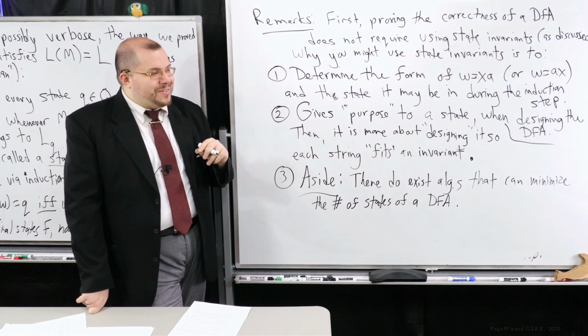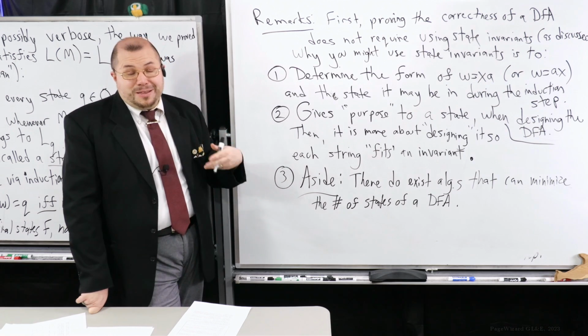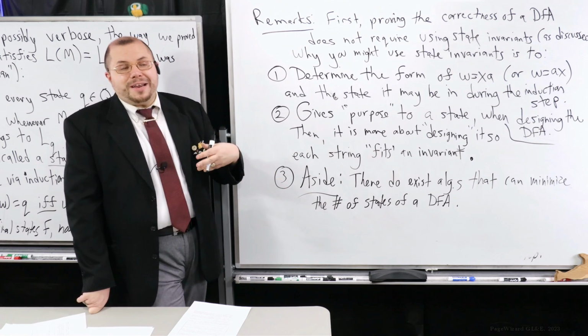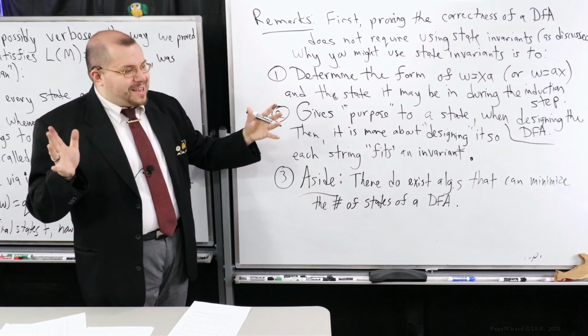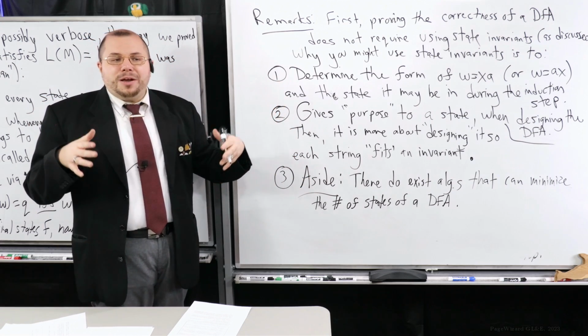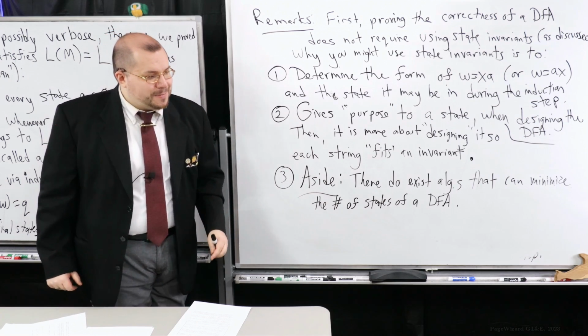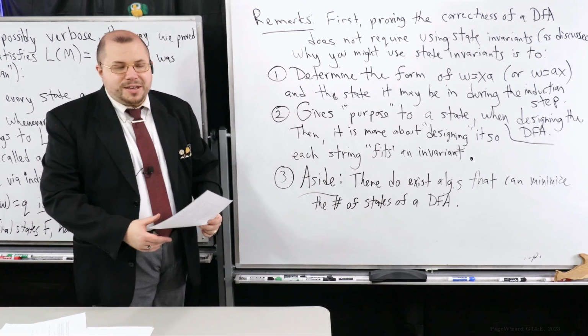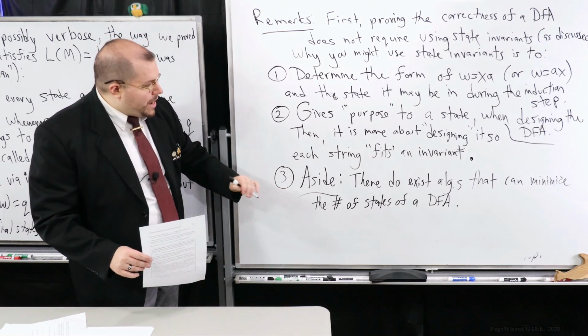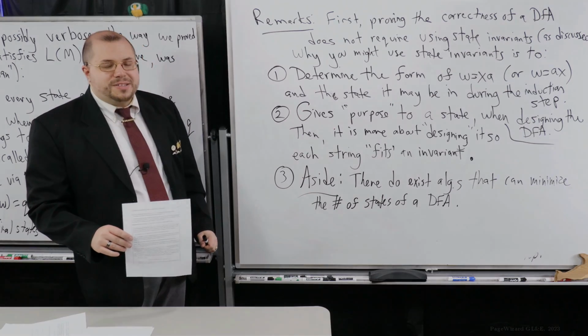That in itself may not be the best place to start, but minimizing the number of states to simplify the size of the DFA may be a goal after coming up with a DFA that works correctly. But regardless, there does exist a process by which you can minimize the number of states of a DFA.